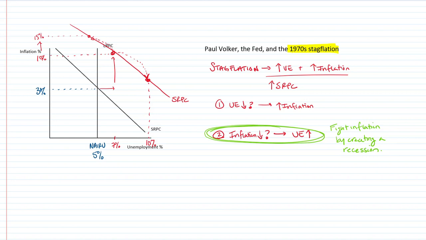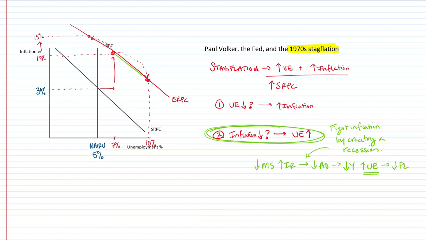And when we say he created a recession, a little monetary policy review, he decreased the money supply and drove up interest rates, and those things decreased spending and aggregate demand in the economy, which drove output down and drove unemployment up. But that high unemployment rate and that low output drove prices down and began to drive inflation down.